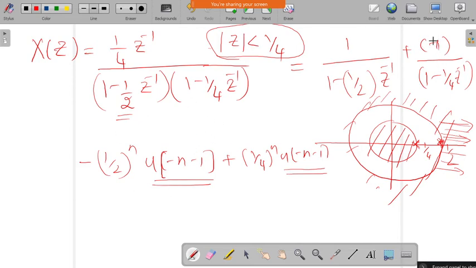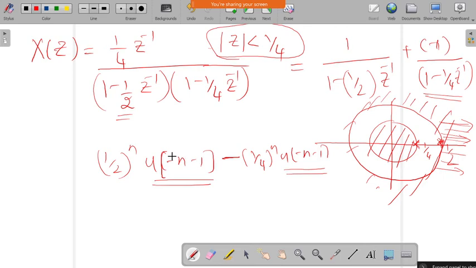Here B is minus 1, so you have to give a minus here. Now we will get the left sided sequence for this, where the coefficient is minus 1, and the left sided sequence for this is u of minus n minus 1. Is it clear?